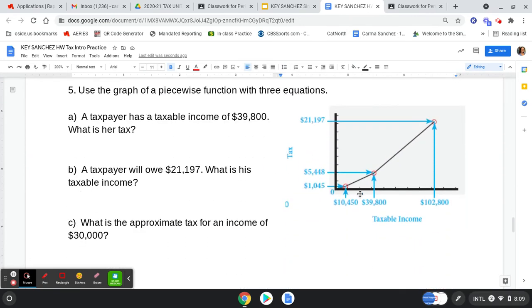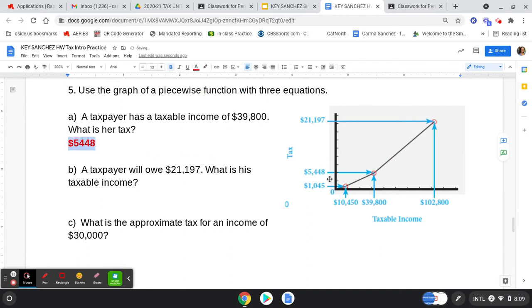Last, here's another little graph with inputs and outputs. Remember, the input is our taxable income, the output is the tax amount, and the taxpayer has a taxable income of $39,800. So follow that along on the bottom, look up. Do you see that tax amount of $5,448 that correlates? Next, it's got a taxpayer owing $21,197.